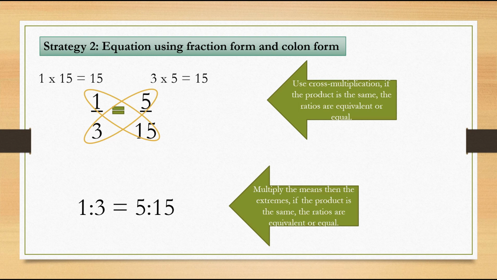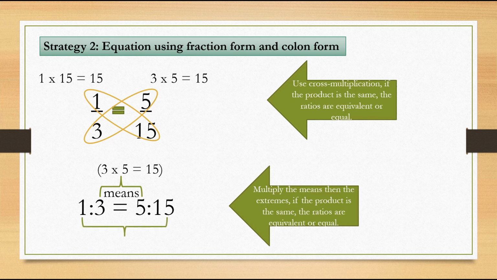Paano malaman kung equal or equivalent ratios tayo. So, multiply your means. So, yung mga number na nasa loob ng ratio, ang tawag natin dyan ay means. Okay? Yung second term, saka yung third term, yan yung minumultiply natin to get the answer. So, 3 times 5, that is 15.